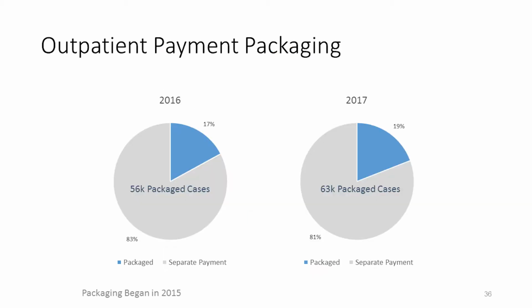So from a case volume standpoint, in 2016, approximately 83% received separate payment, with 17% being packaged. And then in 2017, an additional 2% of outpatient procedures were packaged. So this is going a little bit more each year to looking at that package payment.